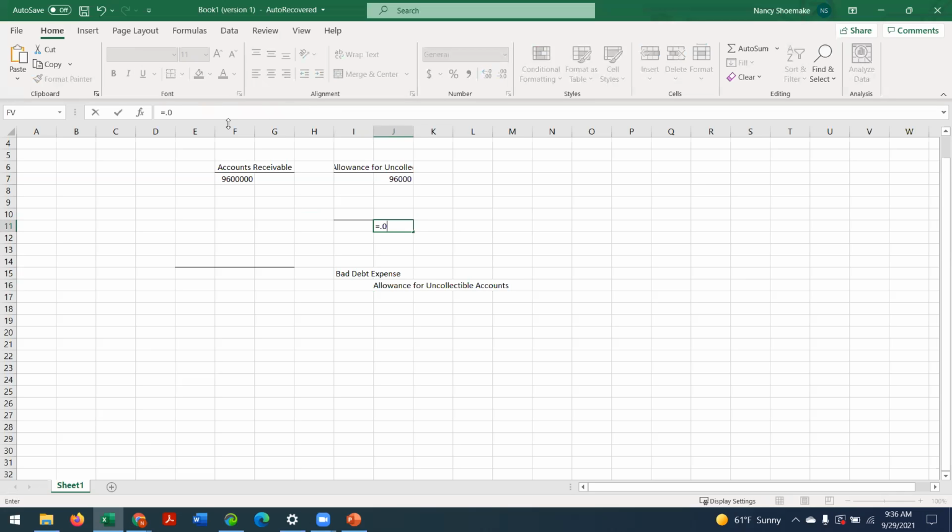The allowance needs to equal 2% of this, so the journal entry we need to make is this minus our credit balance of 96,000.